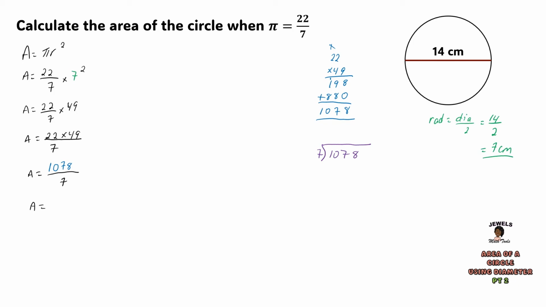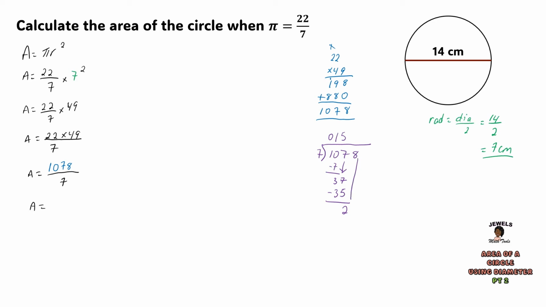So 7 can divide into 1, so we would add a 0. 7 will divide into 10 once. 1 times 7 is equal to 7. 10 minus 7 will give us a difference of 3. We'll bring down our 7, changing 3 into 37. 7 will divide into 37 5 times. 5 times 7 is equal to 35. 37 minus 35 will equal 2.